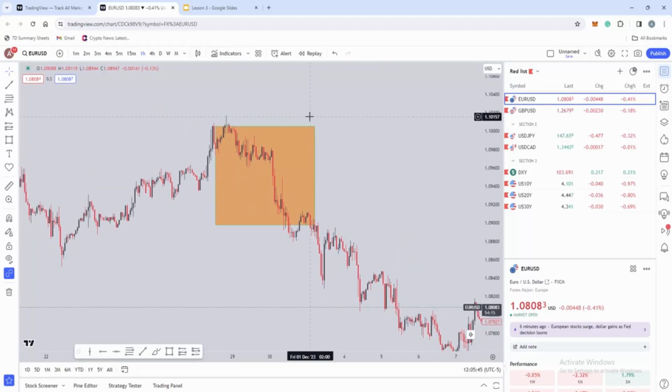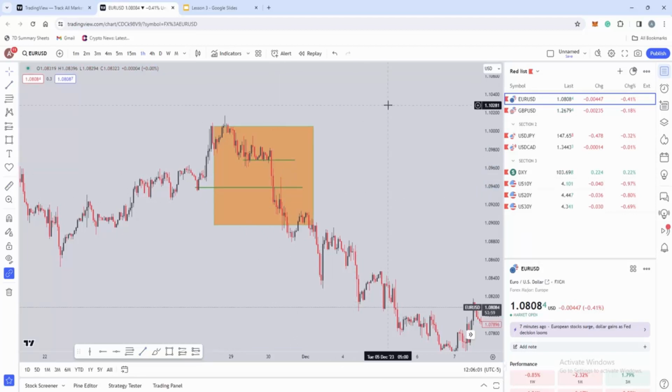Okay, so what we see is these equal lows here, and these equal lows here. You can pick either one. Price came here, price came here. You see a strong one-sided bearish candle, and that is giving us our bearish shift in market structure.